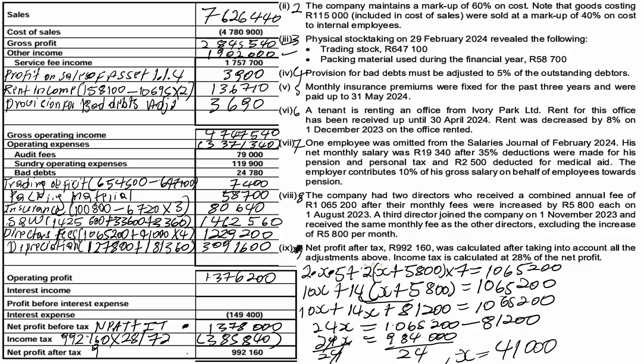And then what about now with the profit before interest expense? So the profit before interest expense as well, guys, we are going to take the net profit before tax NPBT, net profit before tax, plus interest expense IE, right? We add these two figures, and then on my side I'm getting net profit before interest expense of 1,527,400.